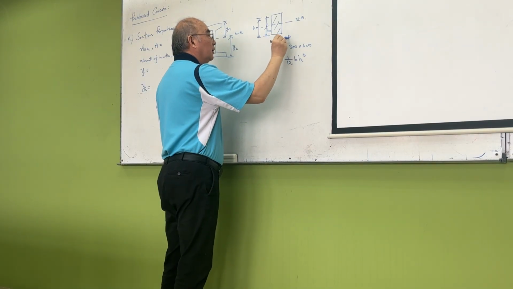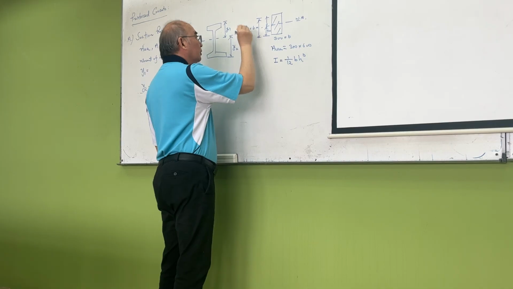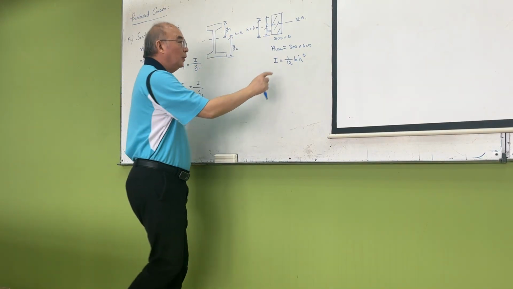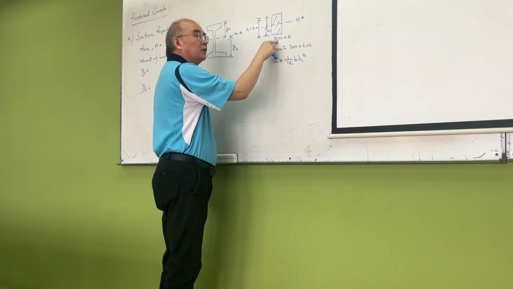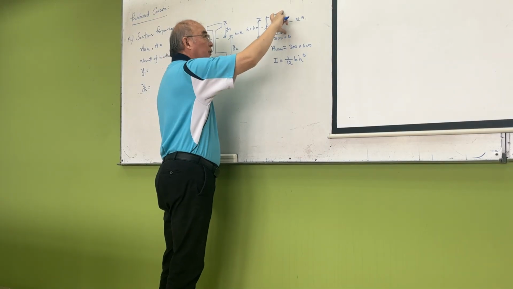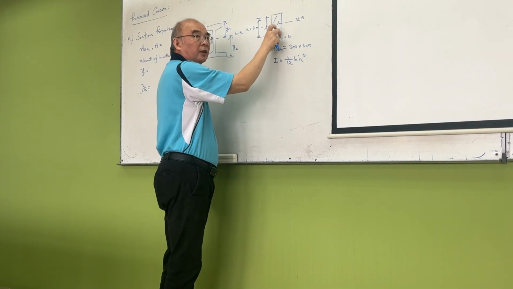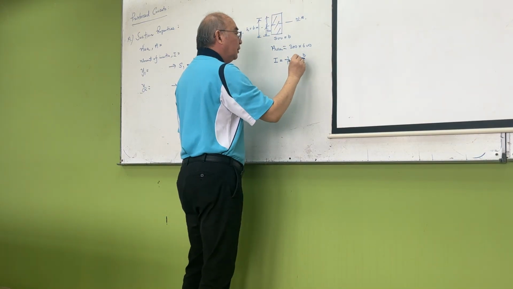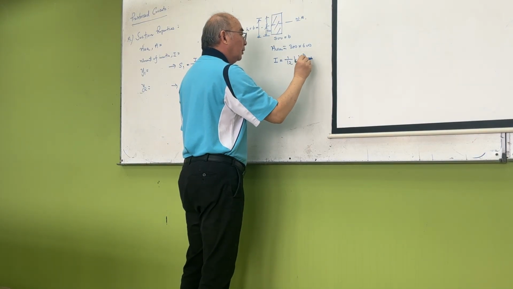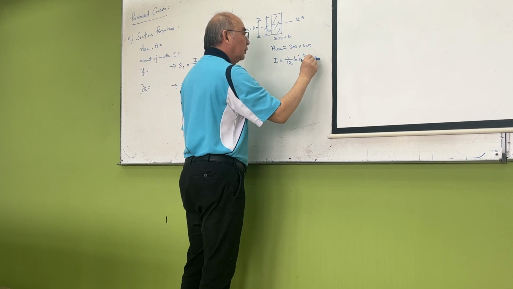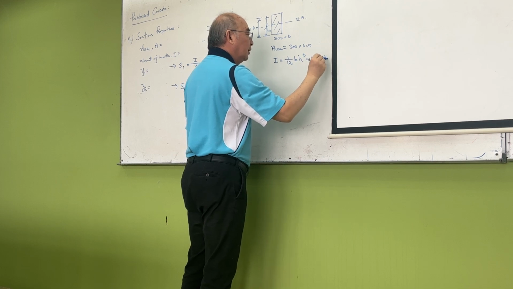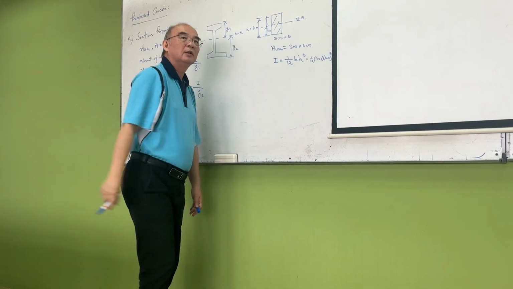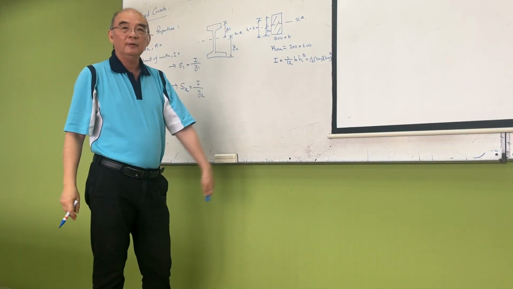This is B, and this is H. B in this case is 300. H is the height. B is the width. So 1/12 of BH cubed basically is 1/12 of 300 multiplied by 600 cubed, and the unit is millimeter to the fourth, right?